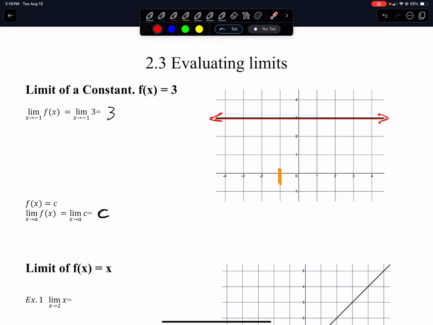Whatever your constant is, since your function always equals that, it's always going to approach that, whatever your x value is approaching. All right, so this is your first rule. The function's a constant, the limit is that constant. So that's your first known fact.